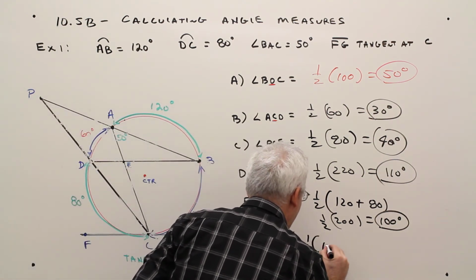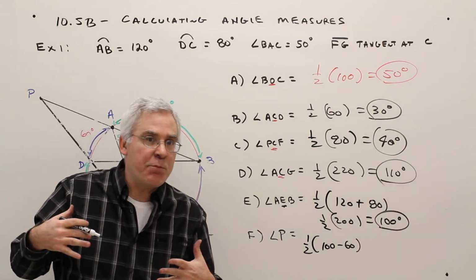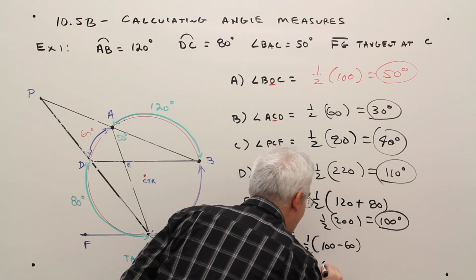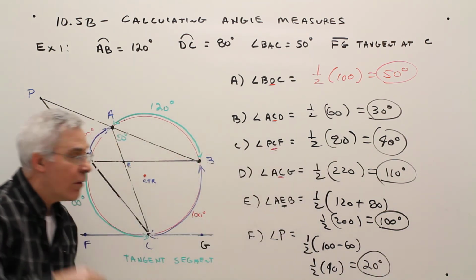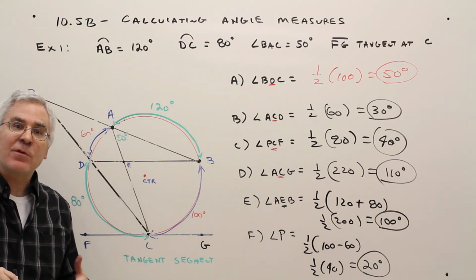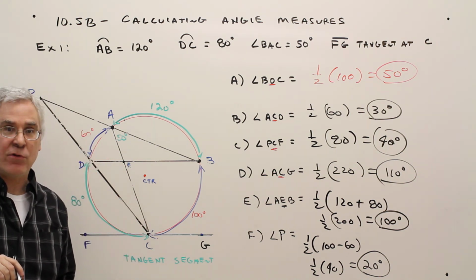So 1/2 of 100 minus 60. It's always the bigger minus the smaller. We won't get negative angles here. So that's going to be 1/2 of 40, or 20 degrees. Whew. So there you have it, an application problem for how to calculate angle measures based on intercepted arcs.